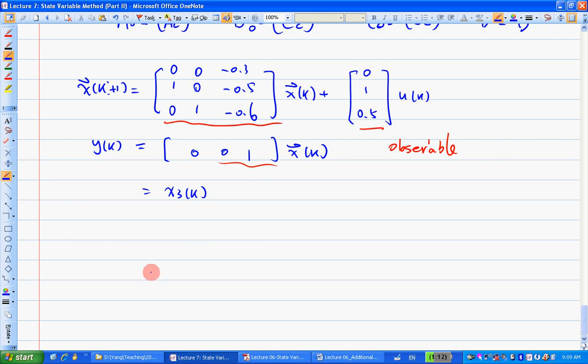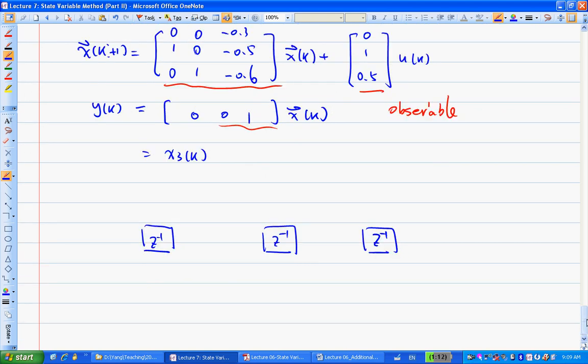I'll draw a couple of Z blocks right here. Remember we're defining the output of each of the Z blocks as the state variables.